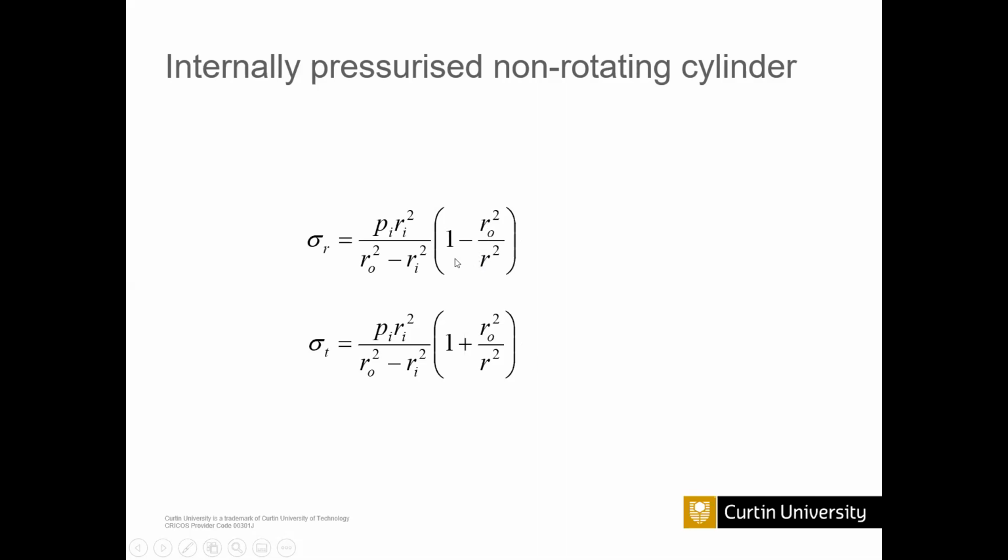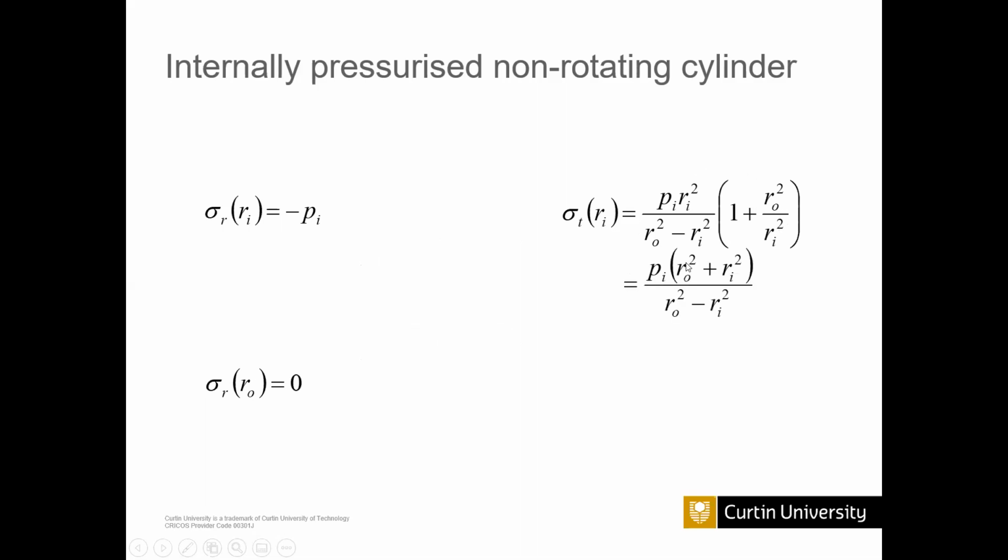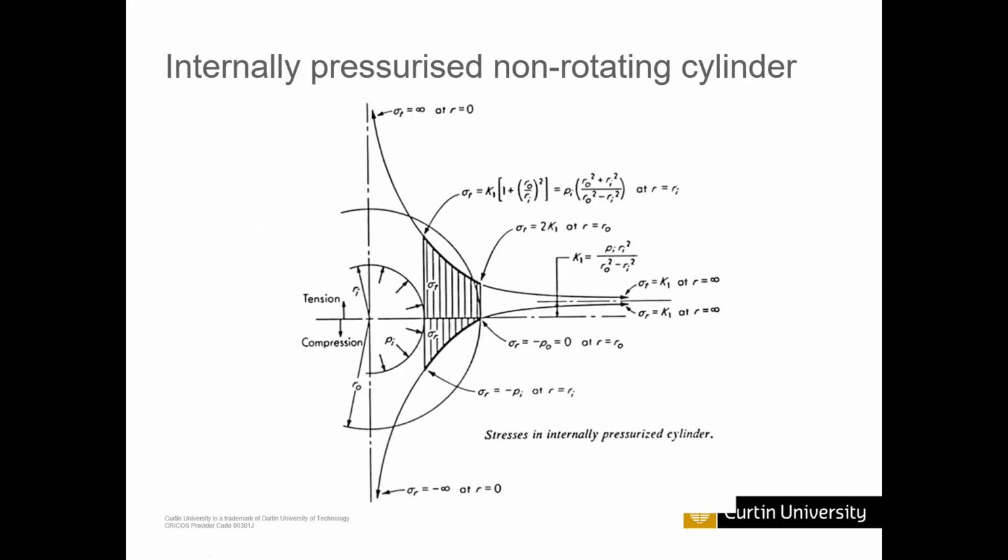Ri squared will be cut off, and when you take the minus sign outside, this will be R naught squared minus Ri squared. This will be cut off, so minus Pi. I'm not going to explain this in detail. Then the second equation can be used to calculate the tangential stress at the inner surface. This is the answer, and you can simplify that equation if you want. And then the outer surface tangential stress. This is the value. Now we can plot it.